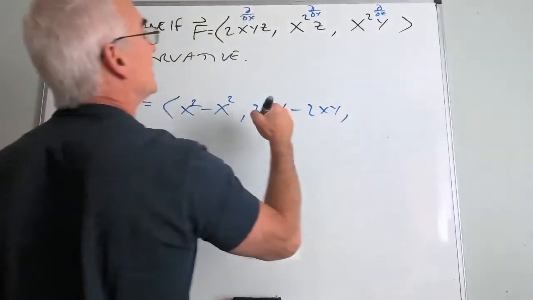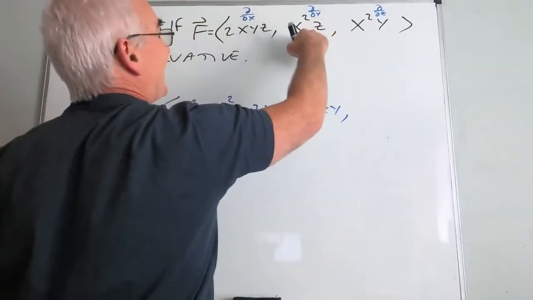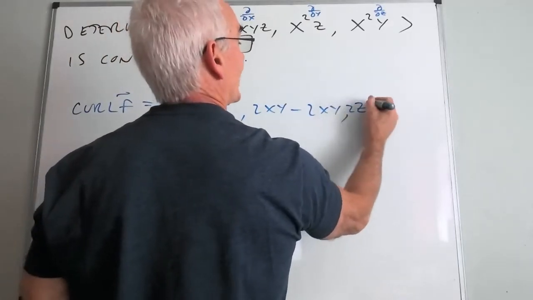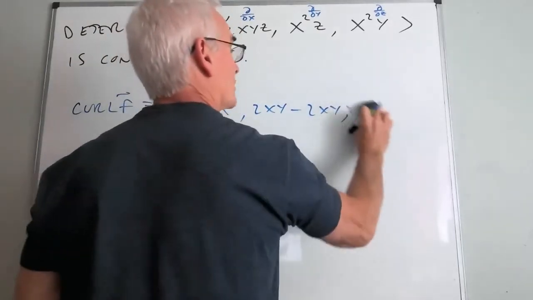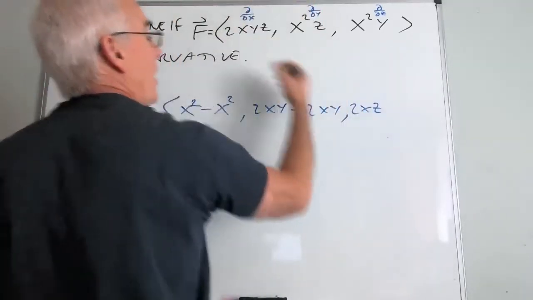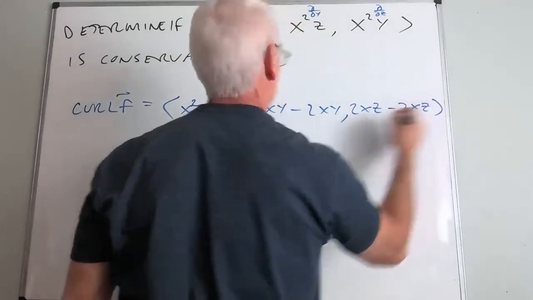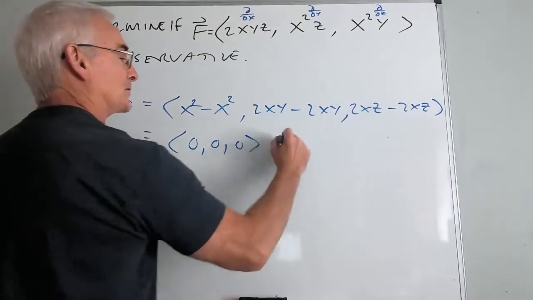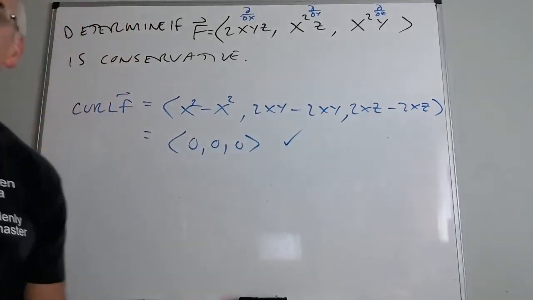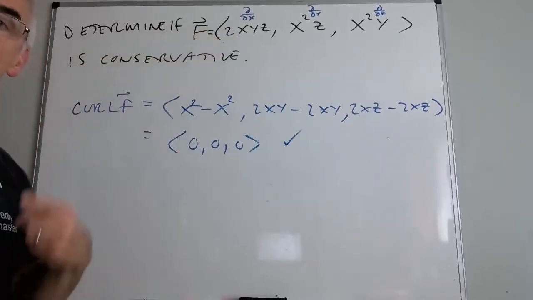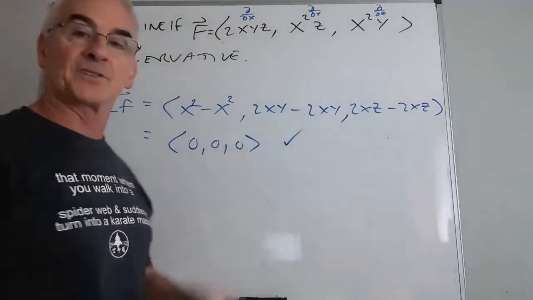And then finally the partial with respect to x, that'd be 2xz, and then with respect to y, minus 2xz. There's much rejoicing. This vector is conservative because the curl is the 0 vector.